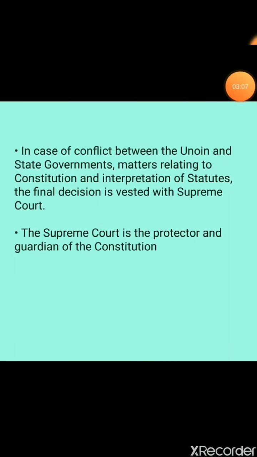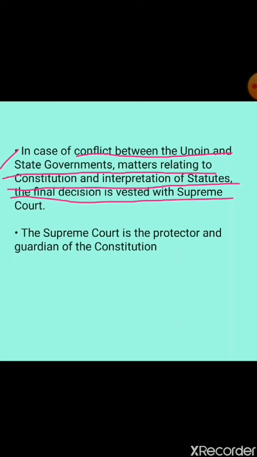Next, in case of conflict between the union and the state government, or matters relating to the constitution and interpretation of statutes, the final decision is vested with the Supreme Court. Statutes are written law.